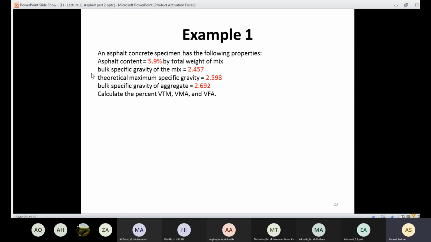And here it says that the bulk specific gravity of the mix is 2.457. This one represents the value of G sub MB. This one is the specific gravity of the mix. Here we have the theoretical maximum specific gravity.